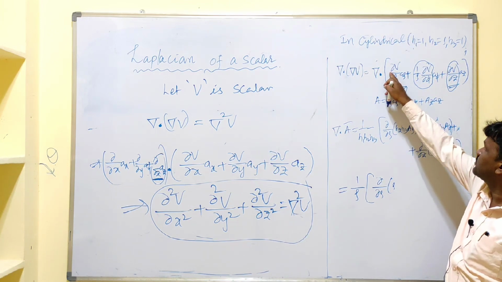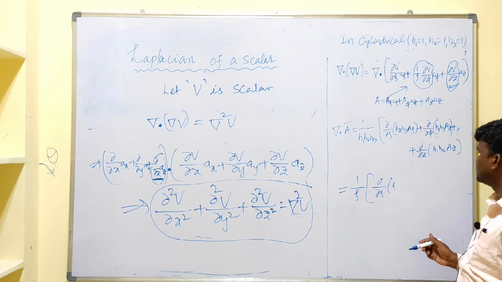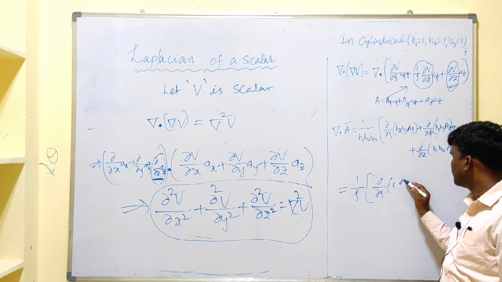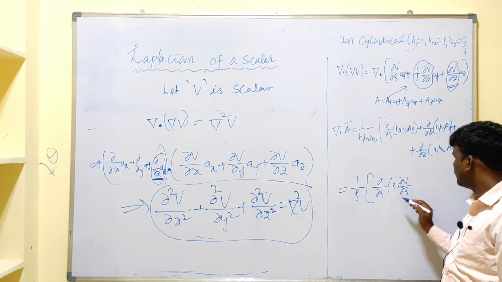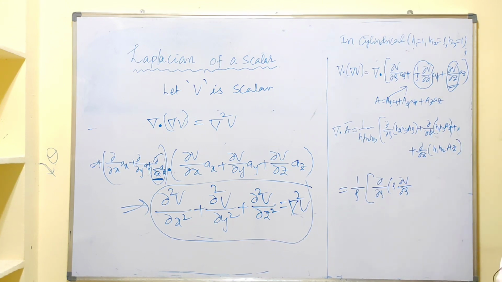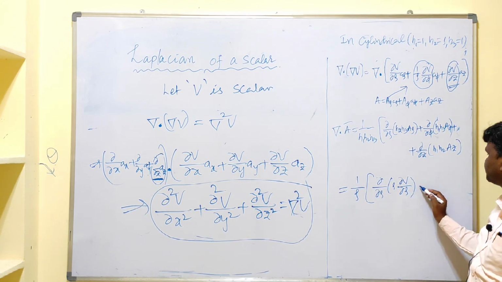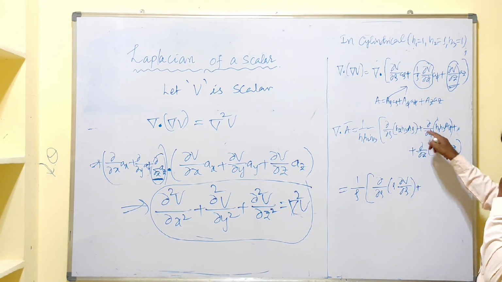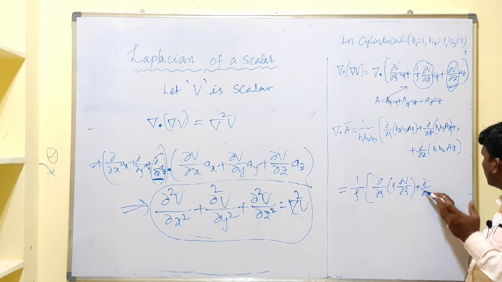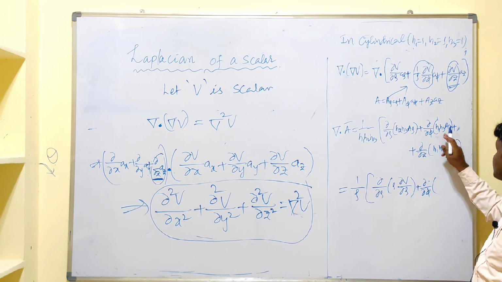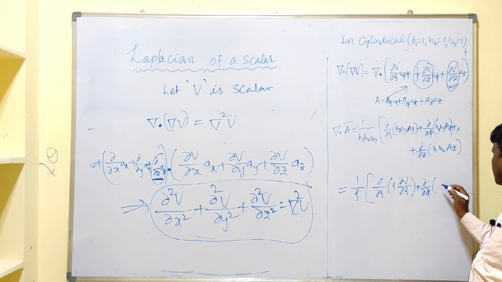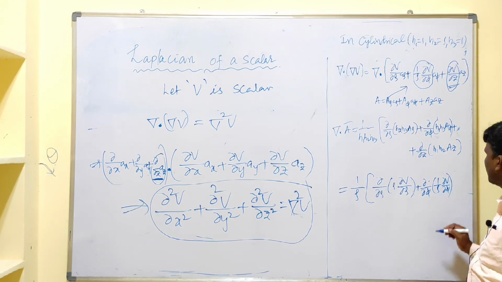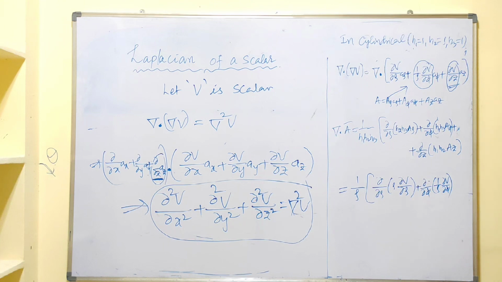A rho means ∂V/∂rho, plus this 1 by rho into something. Okay, ∂/∂phi of h1 is 1, h3 is also 1, A phi means 1 by rho ∂V/∂phi, plus the last element.